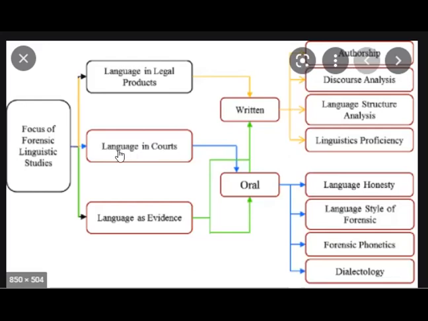Then we have language in courts, which is mostly associated with the oral version of it. Language as evidence is associated with all of these. And then language in legal products.